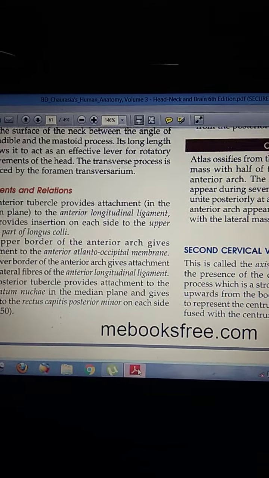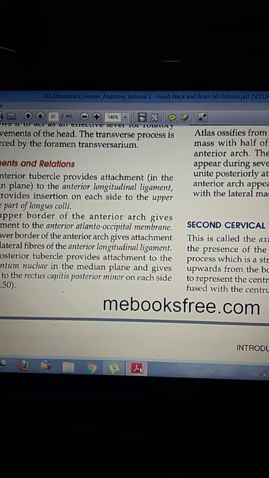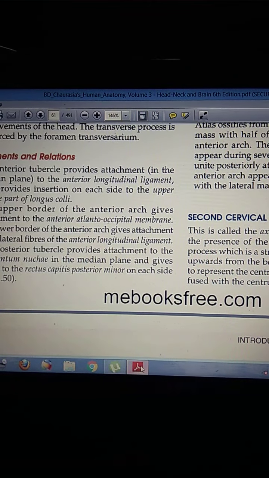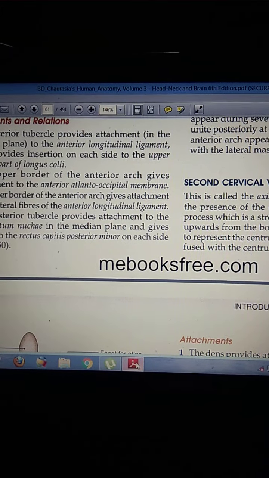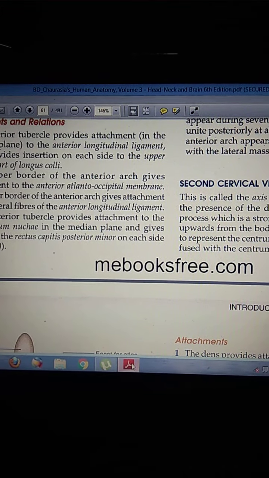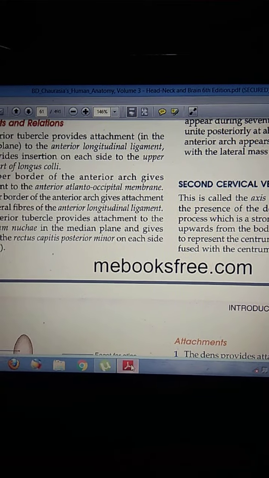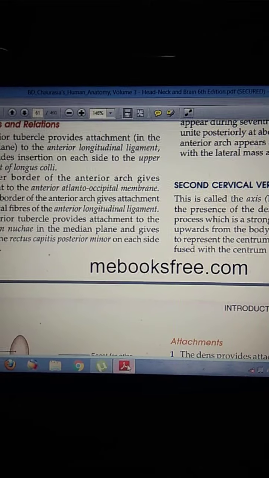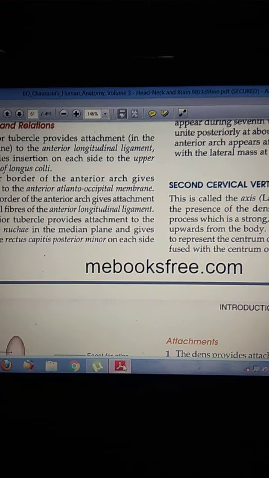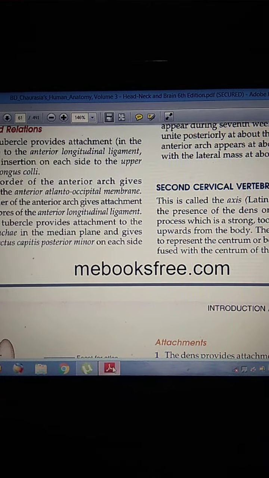The anterior tubercle provides attachment to the anterior longitudinal ligament and the upper oblique part of the longus colli. The posterior arch gives attachment to the posterior atlanto-occipital membrane, the ligamentum nuchae, and rectus capitis posterior minor.